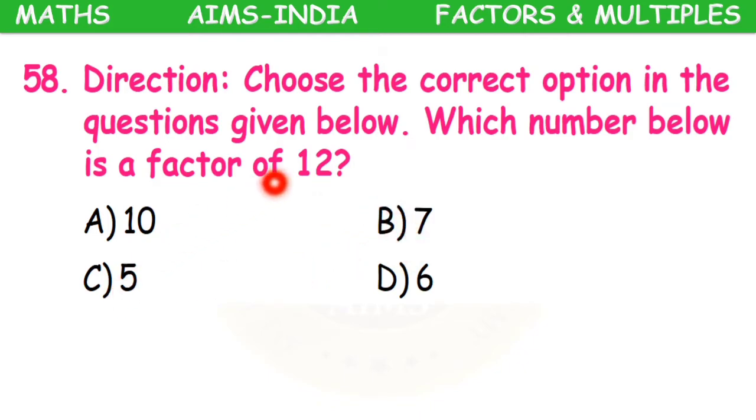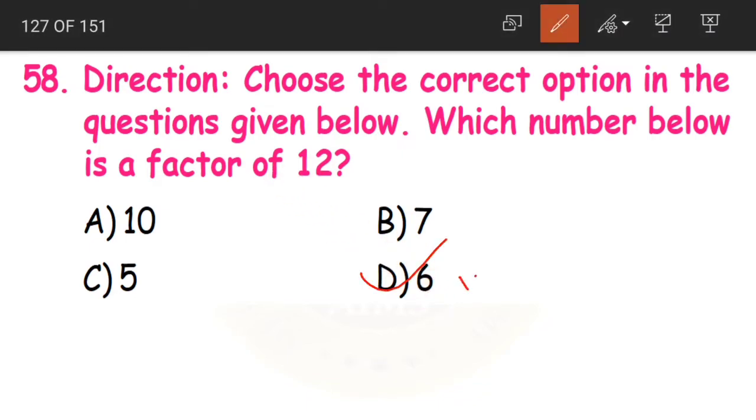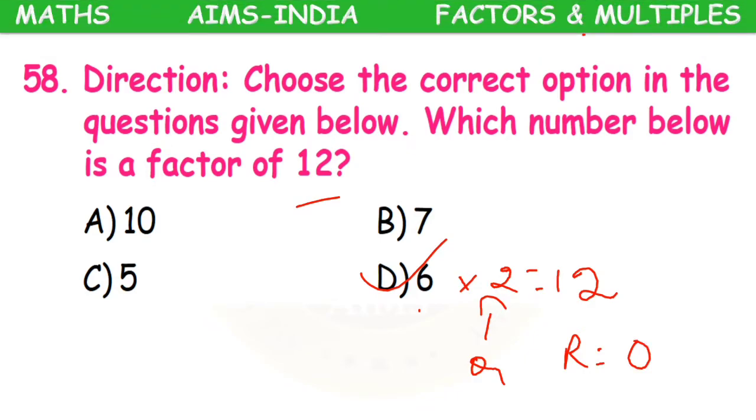No. Does 5 divide 12 exactly? No. Does 6 divide 12 exactly? Yes. We have 6 2s are 12. When we divide 12 by 6, the quotient will be 2 and the remainder will be 0. So 6 is the correct answer.